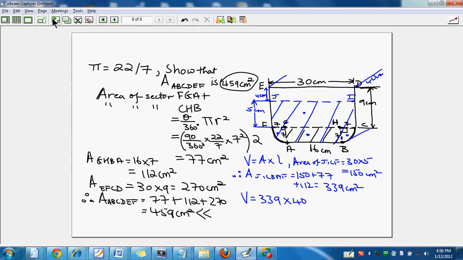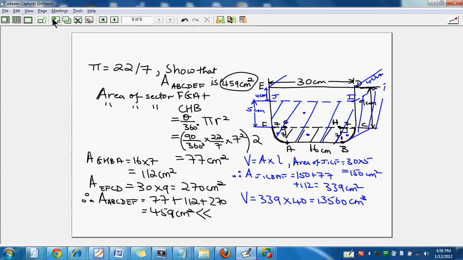And the answer there will be 13,560 cm cube. That'll be the volume of the water. That water will actually be going along this direction here.